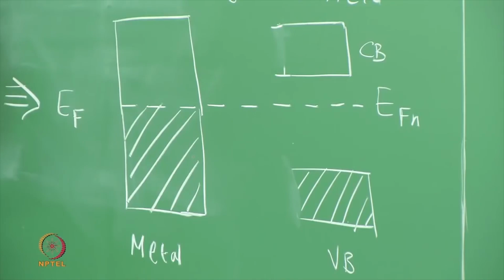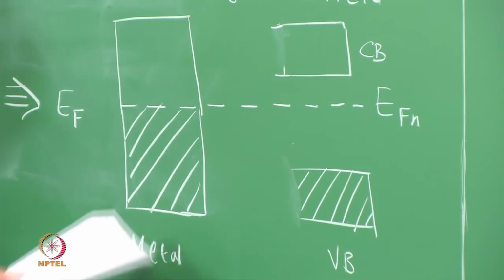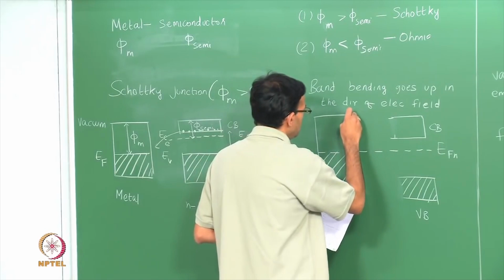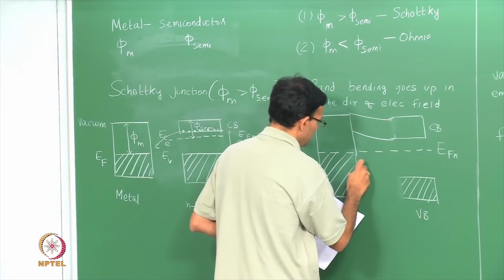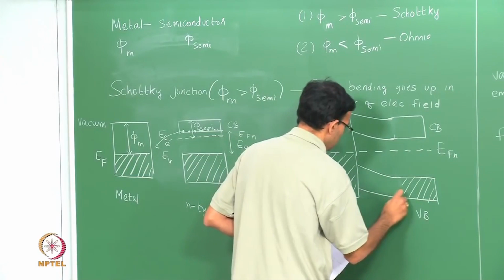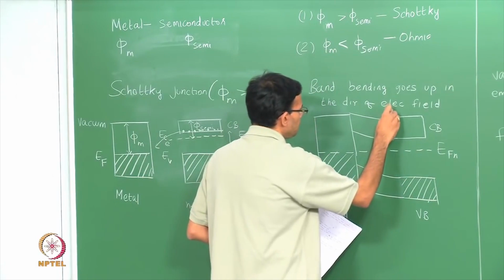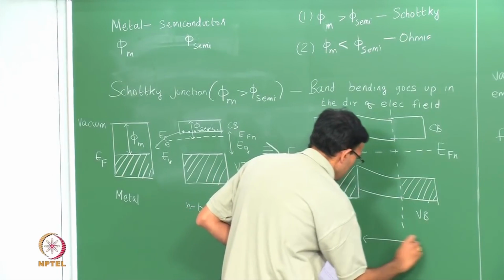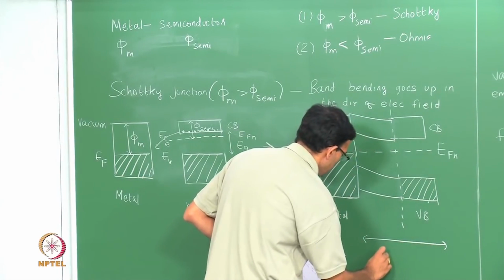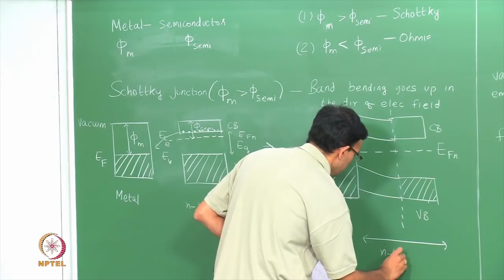And at the junction or near the junction, we will find that the bands bend. So, this whole region is your n-type semiconductor.